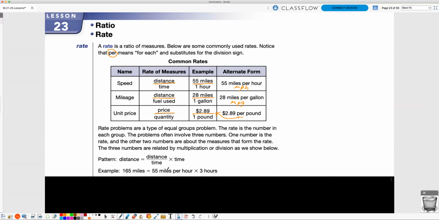So if we're going 55 miles in every hour, that's the distance divided by time. The distance divided by time is 55 miles per hour. The number of hours you might go is 3 hours.